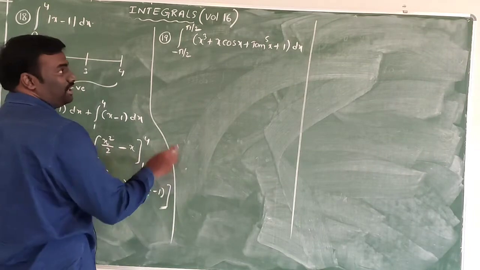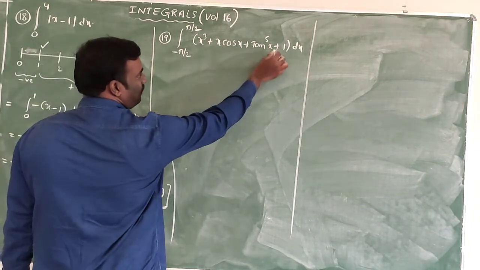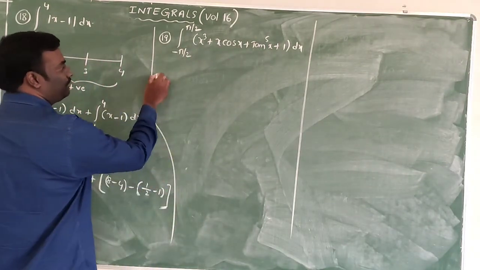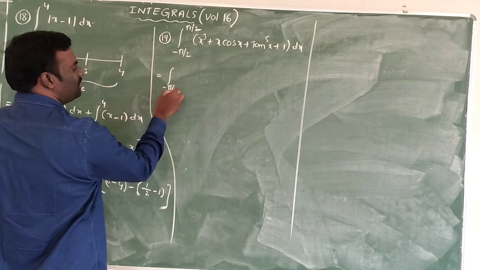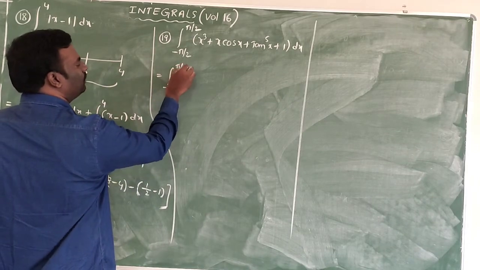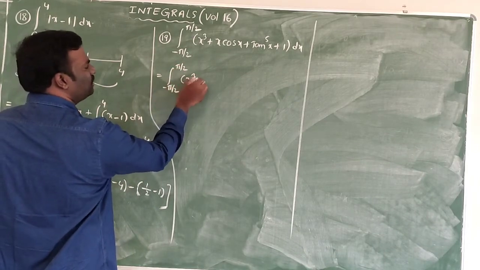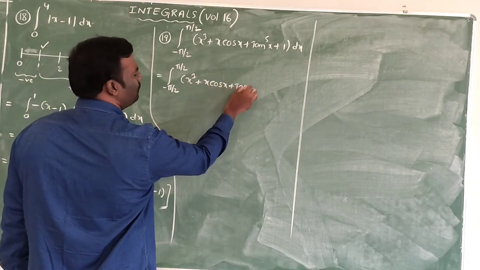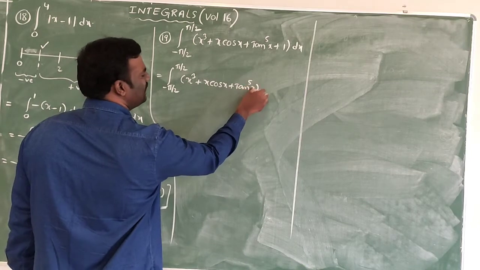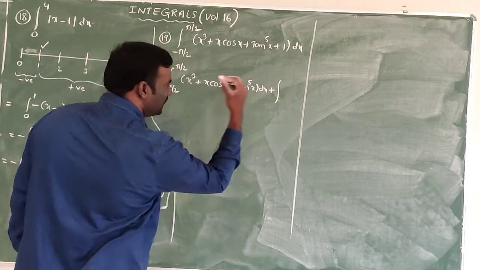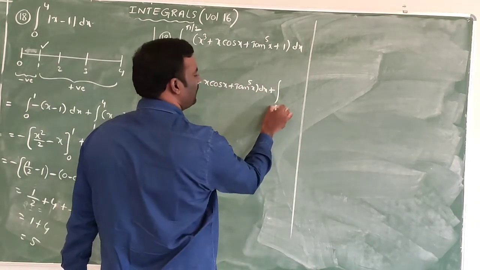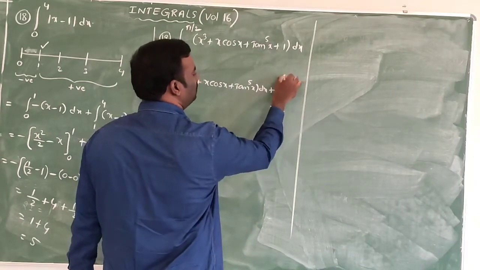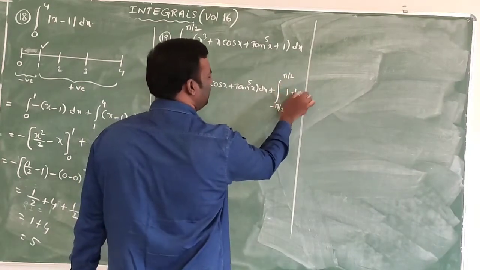This question can be divided into two parts. Up to here I am taking one part and the last one as another part. Integral minus pi by 2 to pi by 2 of x cube plus x cos x plus tan power 5x dx, plus integral minus pi by 2 to pi by 2 of 1 dx.